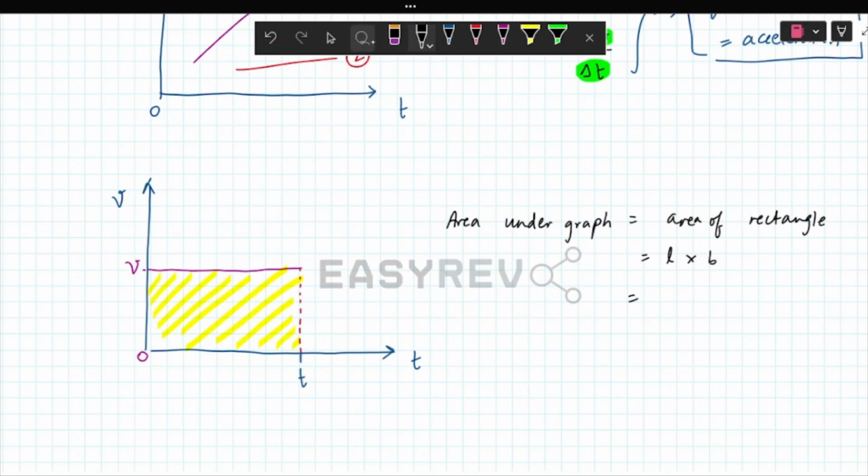Here, the length itself, as you see here highlighted yellow, is nothing but a time interval from 0 up to some arbitrary time t, which would just be t minus 0, t. Let's call that the length. Whereas for the breadth, we have this gap, which is v minus 0 equals v. And so I write v over here.